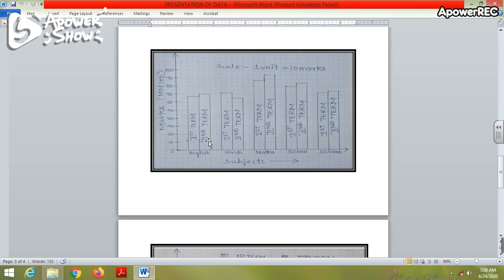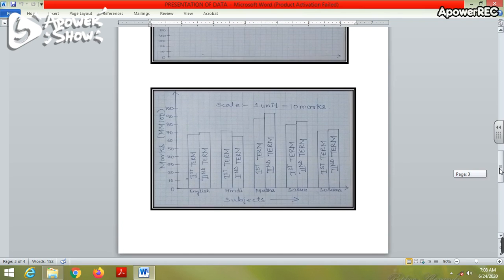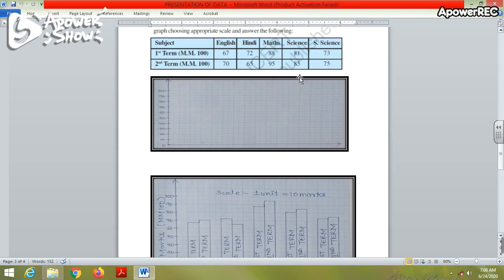So in this double bar graph, we have to represent the marks obtained in English in the first term and second term together like this. If you look at the information, the marks obtained by the student in English in first term is 67 and in second term is 70.